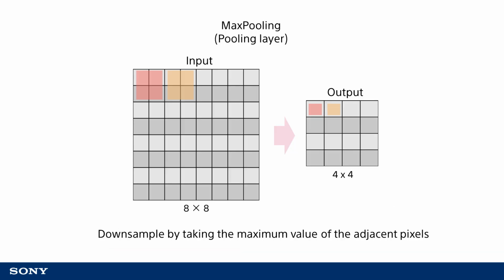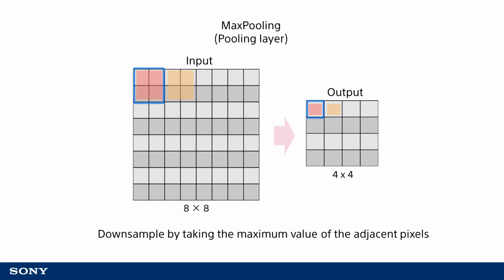Next, we will explain max pooling using the figure. Max pooling is a function that takes the maximum value of neighboring pixels and outputs it. For example, if you want to do max pooling of 2 by 2 pixels, take the maximum value of the adjacent 2 by 2 pixels, that is 4 pixels, and output it like this.